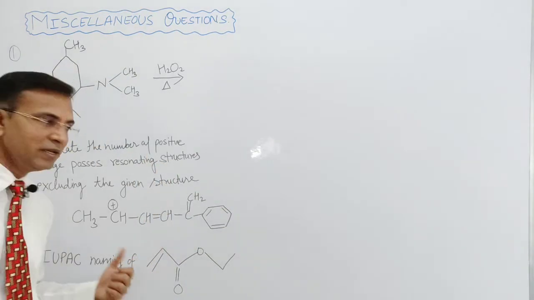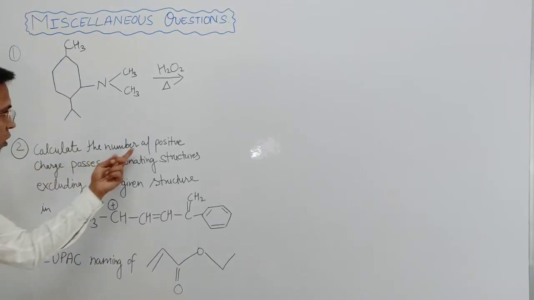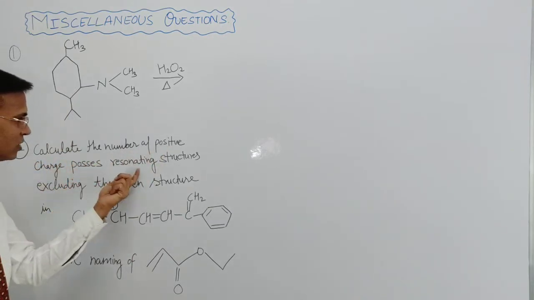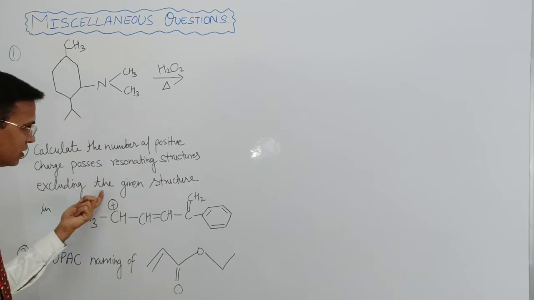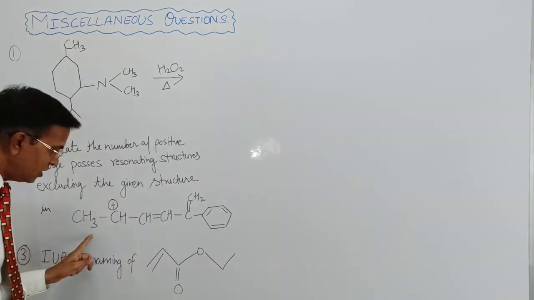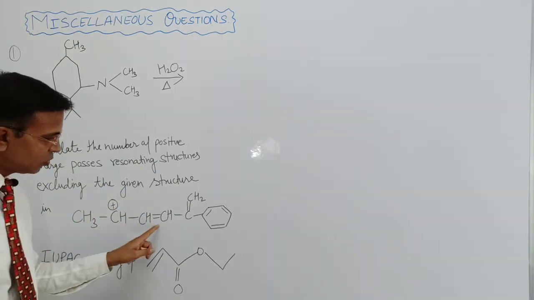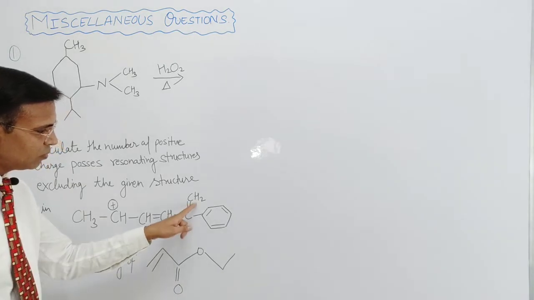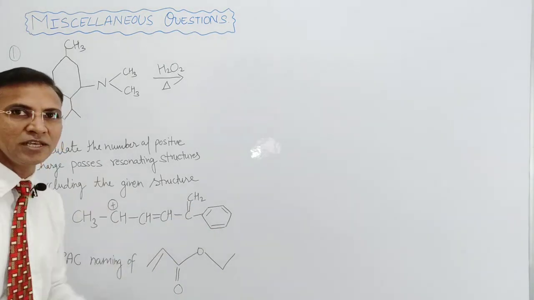In the second question, calculate the number of positive-charge resonating structures, excluding the given structure. CH3, CH positive, CH double bond CH, C double bond CH2, and the benzene ring is there.